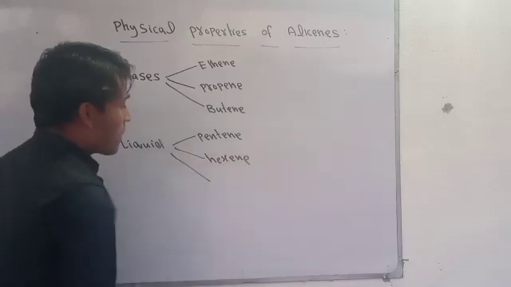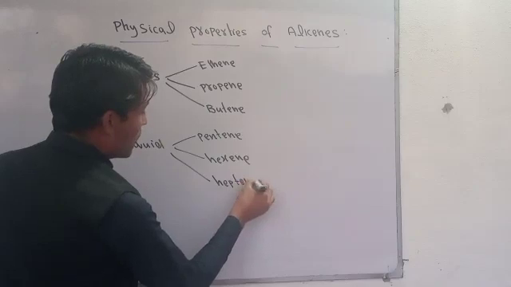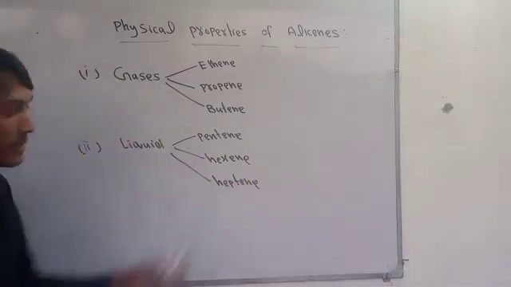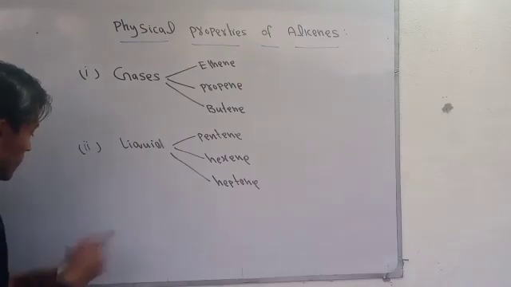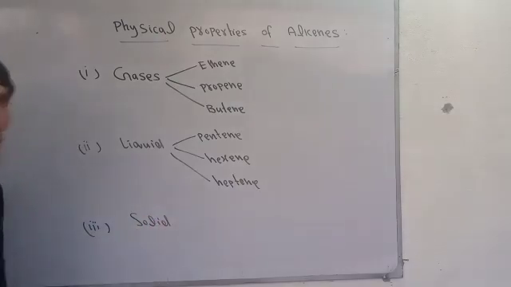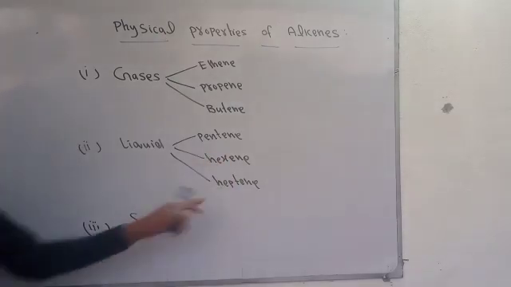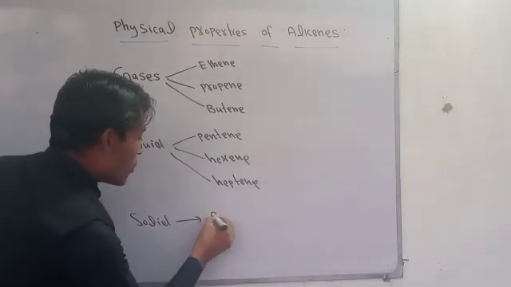Beside this, you can also get them in the form of solid. Above that, you can get solid forms, for example octene.